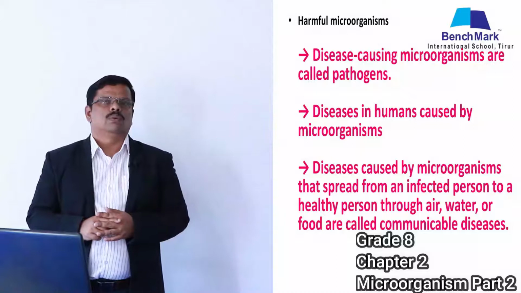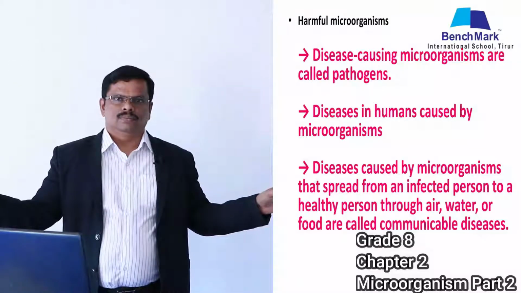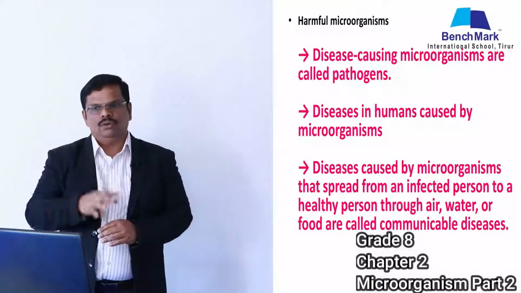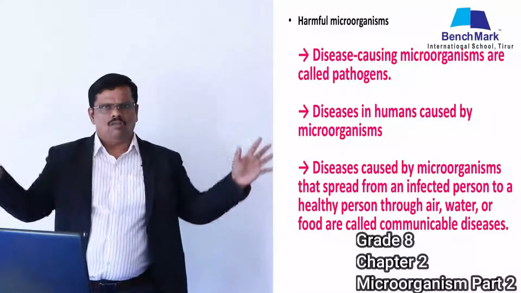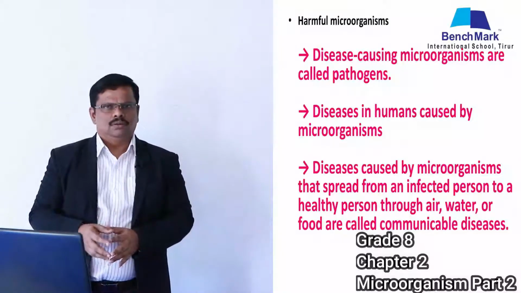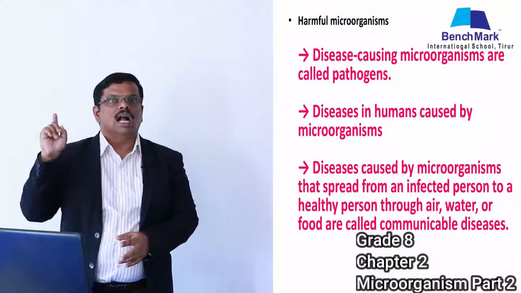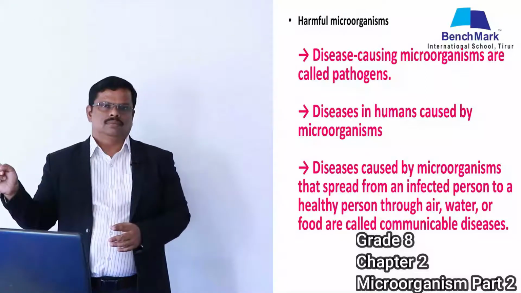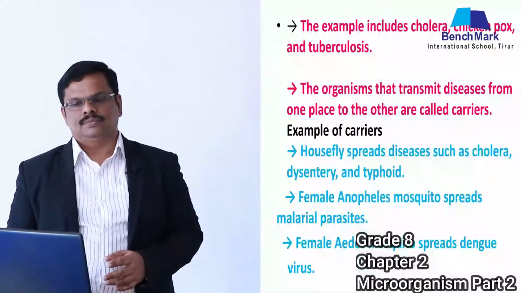How? Air, right? Water, food. So what do you call this kind of diseases which are spread by air, water, food? In lower grades you have learned. Yes, it is communicable diseases. So don't forget that word, communicable diseases.